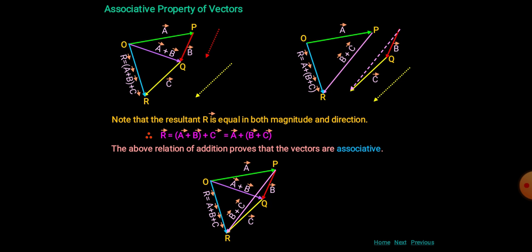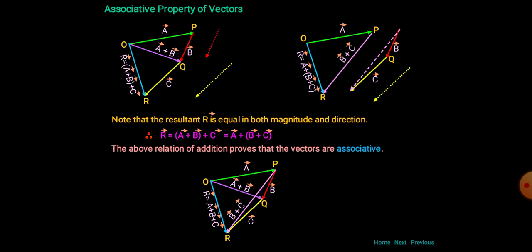PR, that we have taken as B plus C according to the triangle of vector addition, you know it. Observe the triangle OQR. In this OQ is A plus B and QR is C. So we can write its resultant vector R is equal to OQ plus QR, that is A plus B plus C.